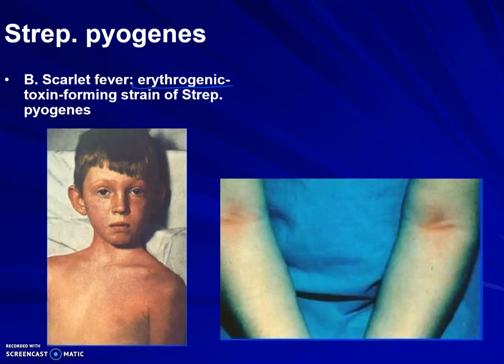So very typical here of scarlet fever, this rash, this erythrogenic toxin, and erythro, you know, that means redness in Greek, or red, the color red. So here, this kid, the typical signs are very high fever and then this reddening of the skin.